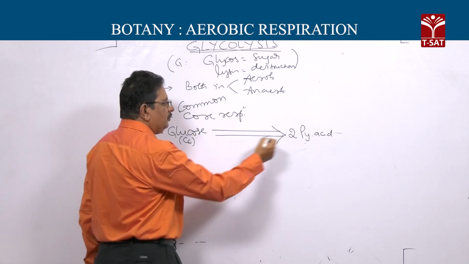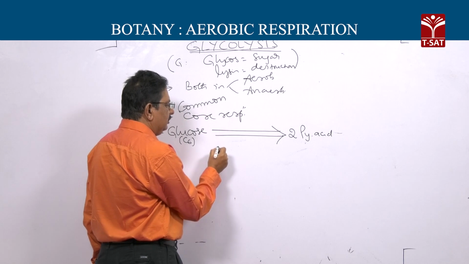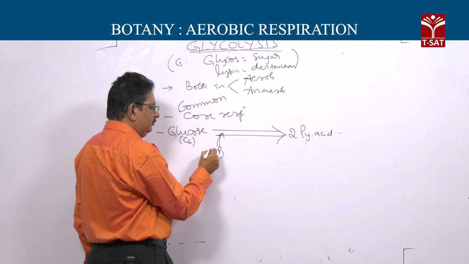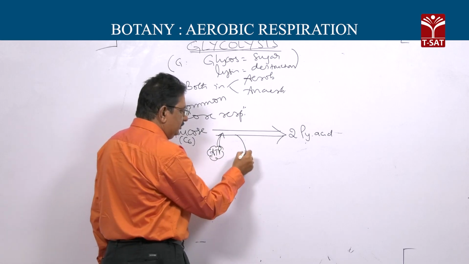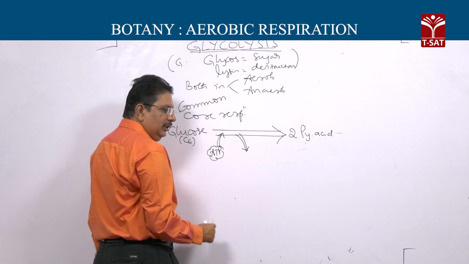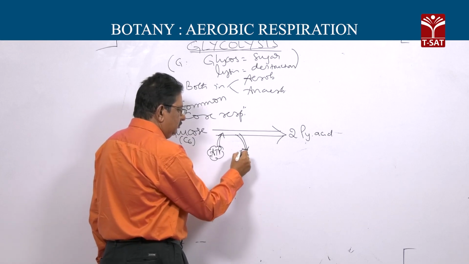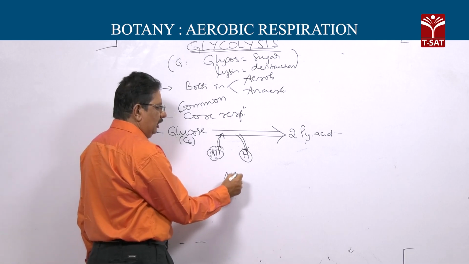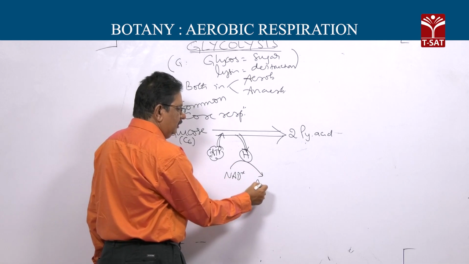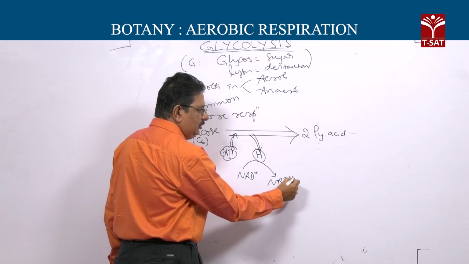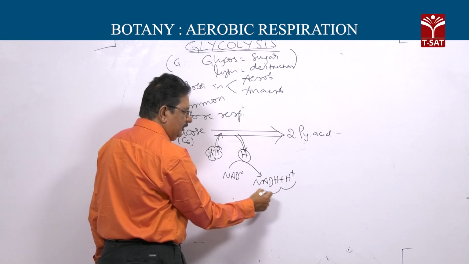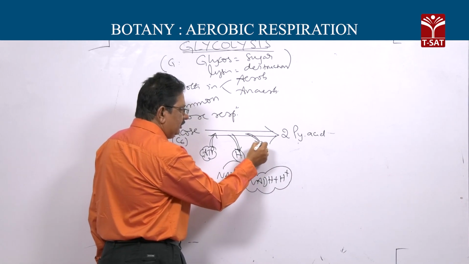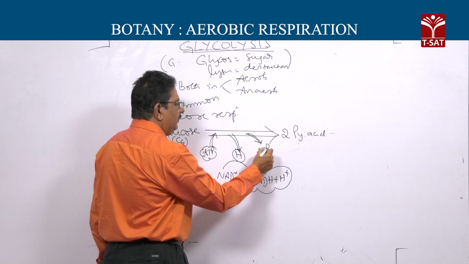And during this process, there is utilization of ATP, there is removal of hydrogens, which are utilized in the reduction of NAD plus into NADH plus H plus, and there is a synthesis of ATP.